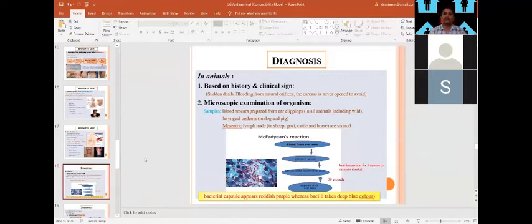This reaction is called the McFadden reaction. It is important, so note it down.